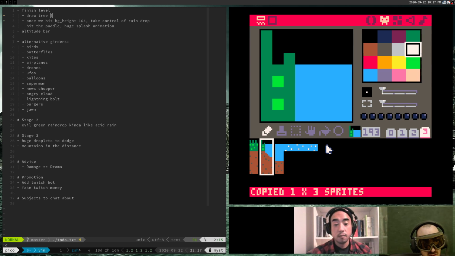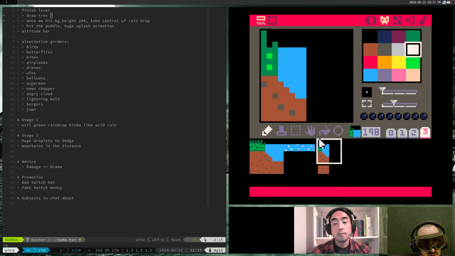Copy that, paste that over here, and then it's not going to look like that. It's going to look like this. It's not going to have this over here. This is going to be all blue.